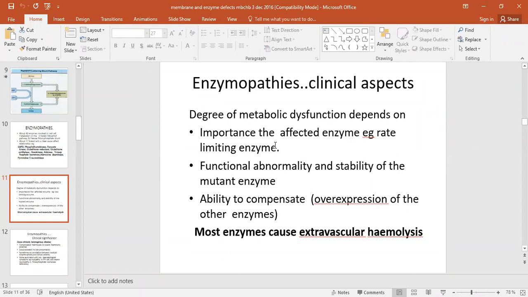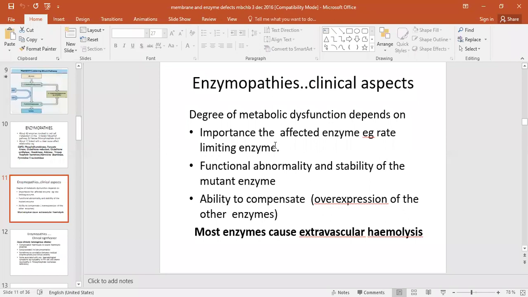The next important clinical aspect that is of interest to all of us is the functional abnormality and stability of the mutation associated with the enzyme. If the mutation is not as important, or does not have the level of stability associated with the functionality of that enzyme, then you may say, you know, milder effects.